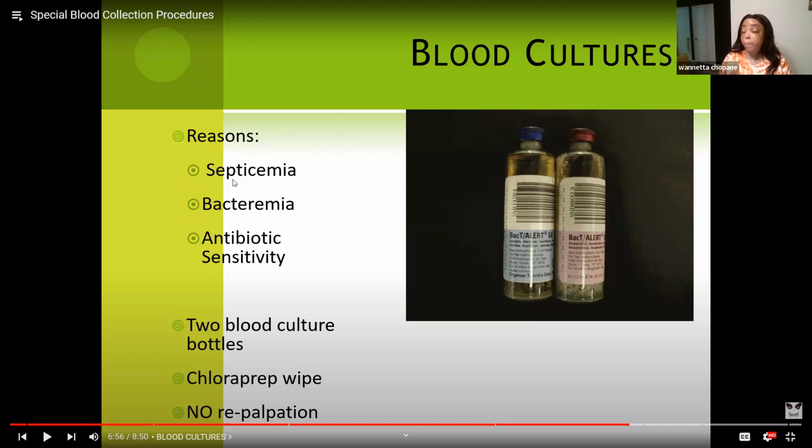That's why it's very, very important to seek medical attention. Okay, so with that being said, septicemia, bacteremia, which is bacteria, and septicemia, we need 2 bottles.